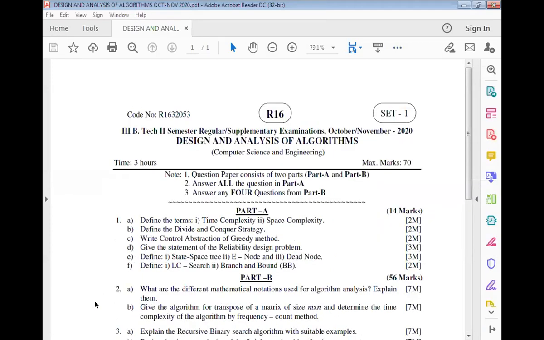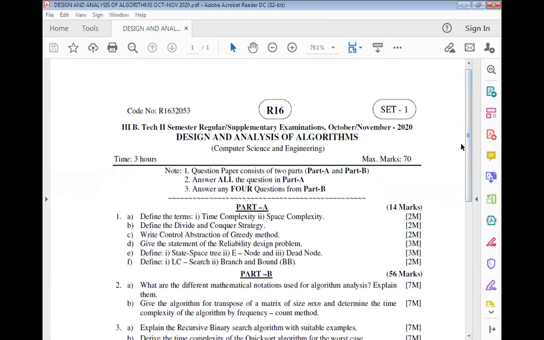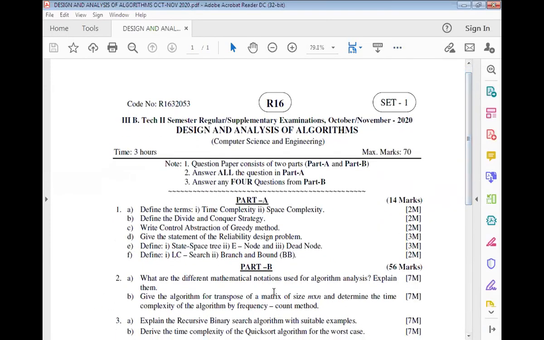See the question here. Now we have to analyze the given algorithm of transpose of a matrix of size n into n, and determine the time complexity of the algorithm by frequency count method.